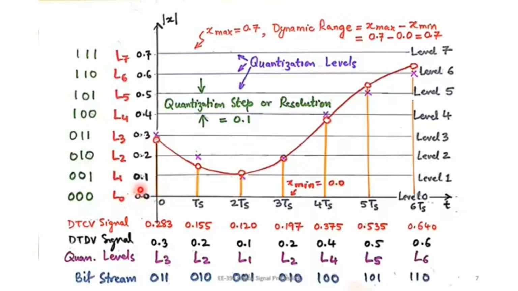So this is defined as x minimum, equal to 0.0, which is this line, and the maximum value which this signal can achieve is defined as 0.7, which is the highest level, and the signal, we assume, cannot go beyond this point.